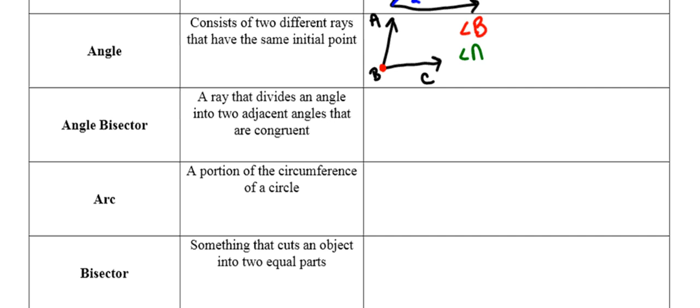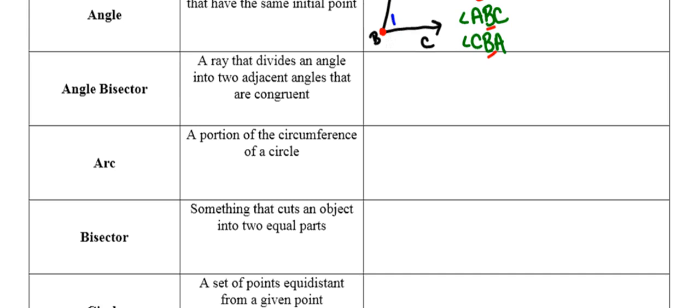You could call this angle ABC. It might be called angle CBA. Notice that anytime I name the angle using 3 letters, the vertex is always in the middle. The other way we might name an angle is using a number. All 4 of those are different names for the same angle.